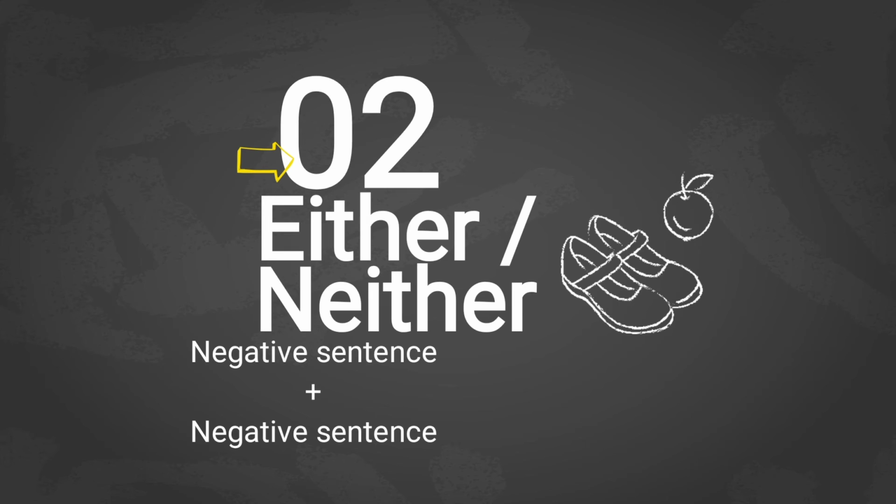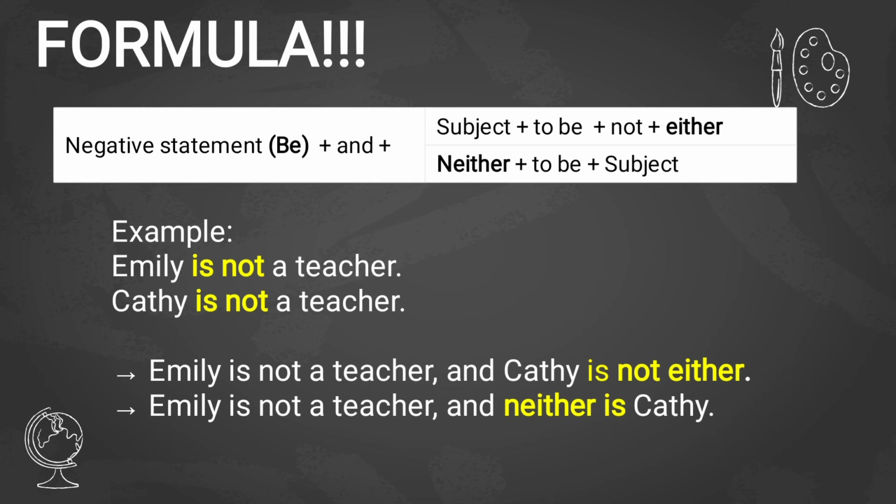Okay. The next is neither, either. Neither, either can be used for elliptical construction in the form of negative sentences. Both are negative. Jadi kedua kalimatnya dalam bentuk negatif. The formula, negative statement containing be. Kalau kalimatnya mengandung to be, maka akan diikuti dengan subject, kemudian to be plus not, and then either.